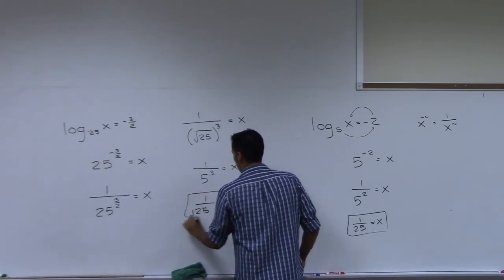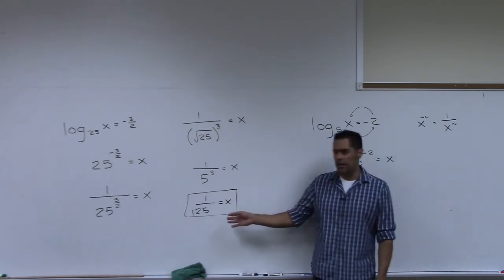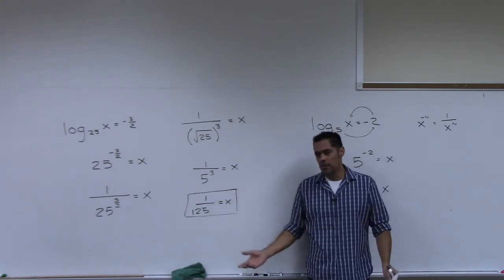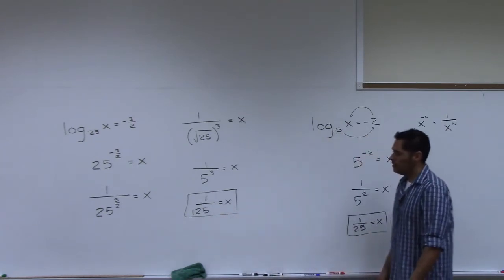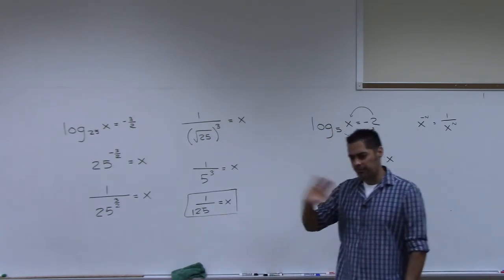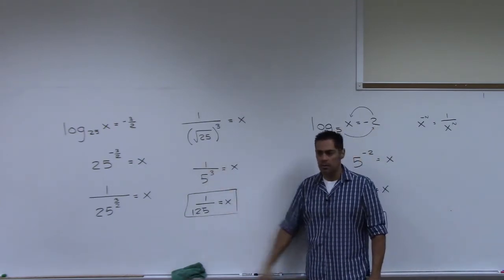See, if you use your calculator, though, you're going to get a decimal answer. If you don't use your calculator, you're going to get a nice fraction like this. So, I won't care, but if this were more of a math course, like a pre-cal or something, we do not want to use our calculator for something like this.